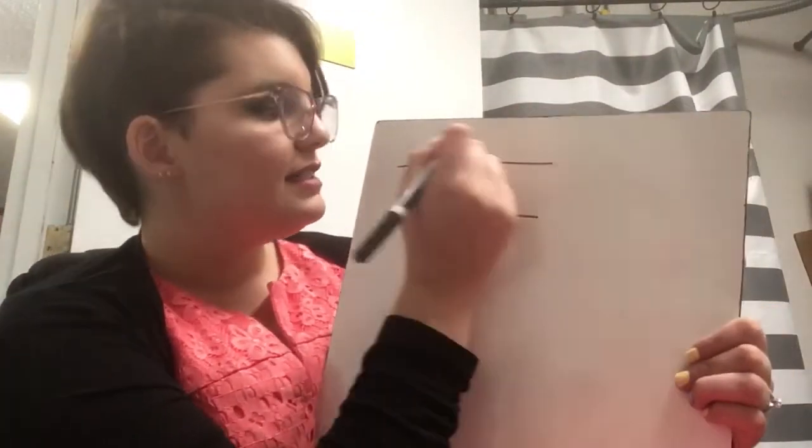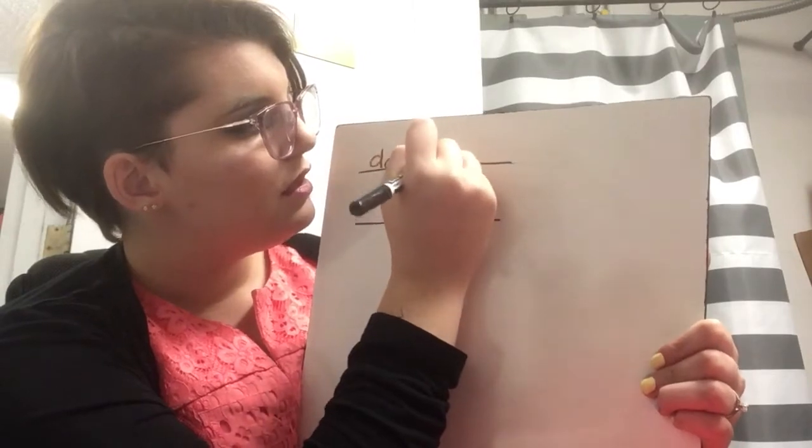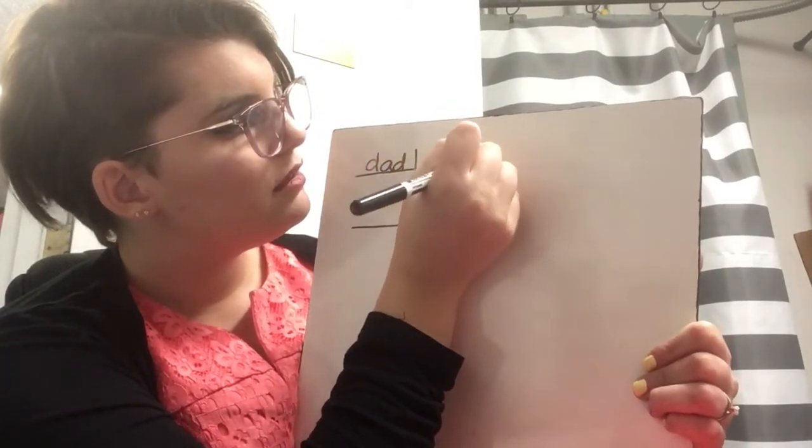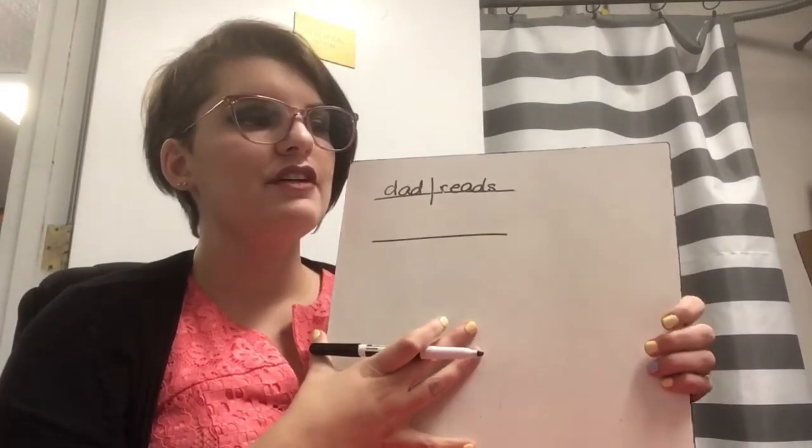Number 2, the two parts are: Dad reads many books and his favorite author is Jules Verne. Let's start it out. I'm going to get my two lines together, because remember, it's like two separate sentences connected. The first one: Dad is the subject. What does he do? He reads. The second part, his favorite author is Jules Verne.